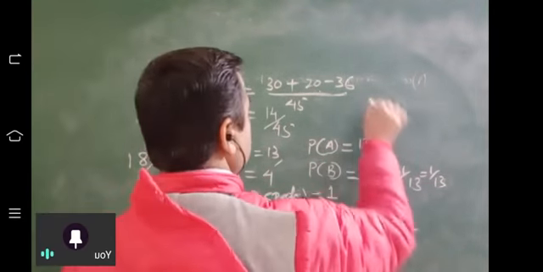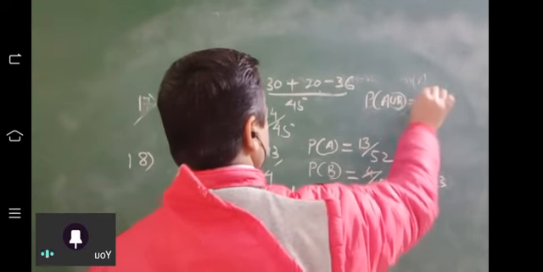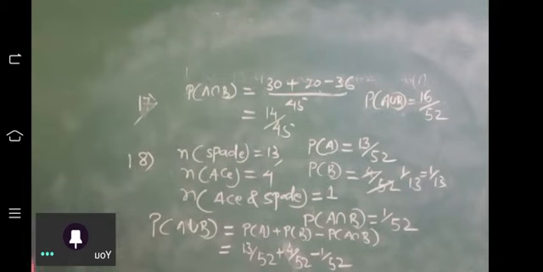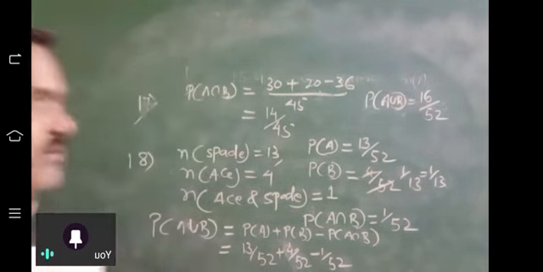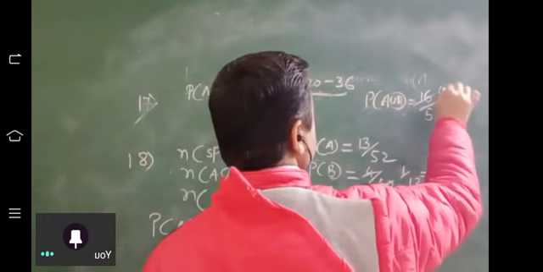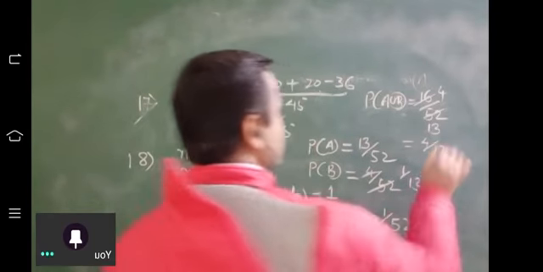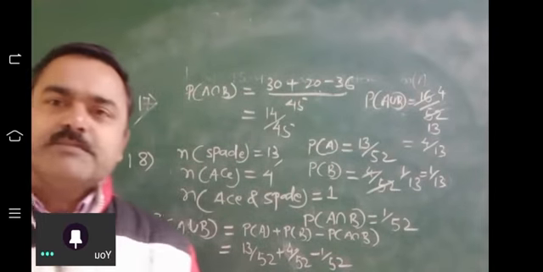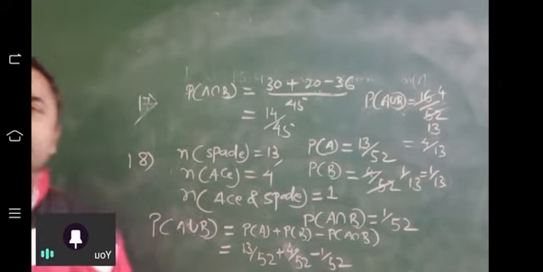So the probability of A union B is equal to 16 by 52. या 4 से आप डिवाइड भी कर सकते हो, ठीक है। 4 fours are 16 and 4 thirteens are 52, so 4 by 13 is the probability that the card is either ace or spade or both. Is it clear?